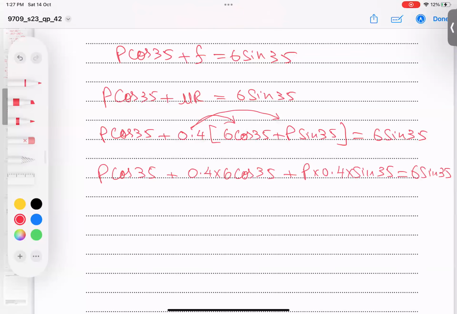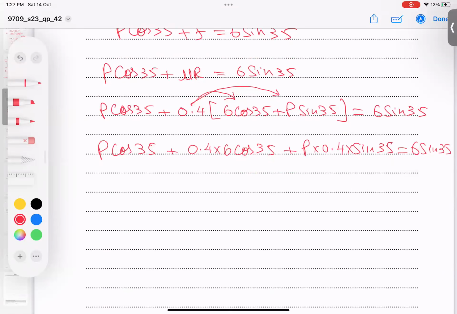Okay, now I'm typing in the calculator, it's just a matter of typing. Then I can do one thing: this P value and this P value, common out. In the bracket, I'm getting cos 35 plus 0.4 sine 35. And this will go on the right hand side.